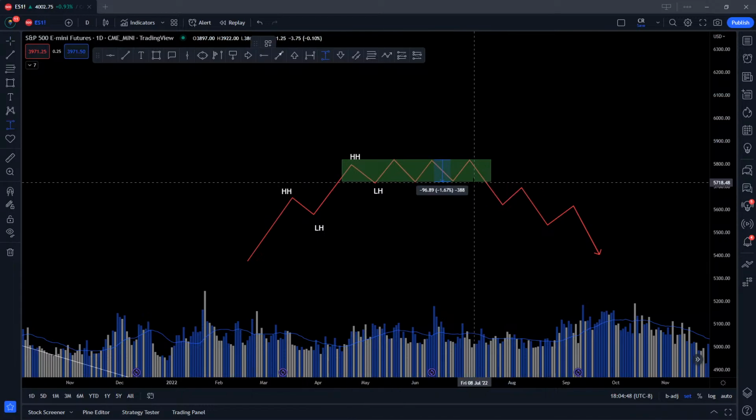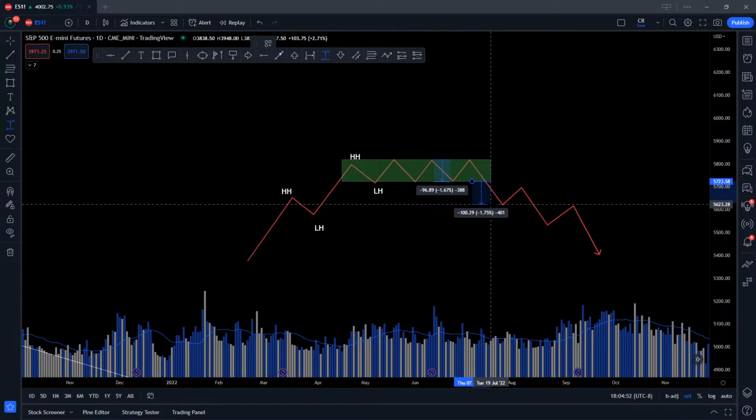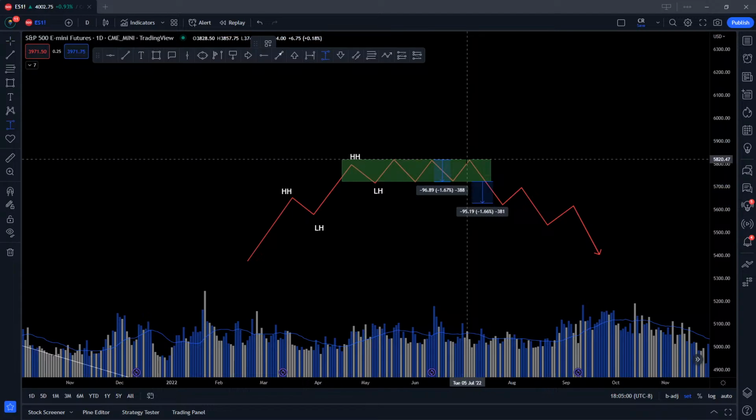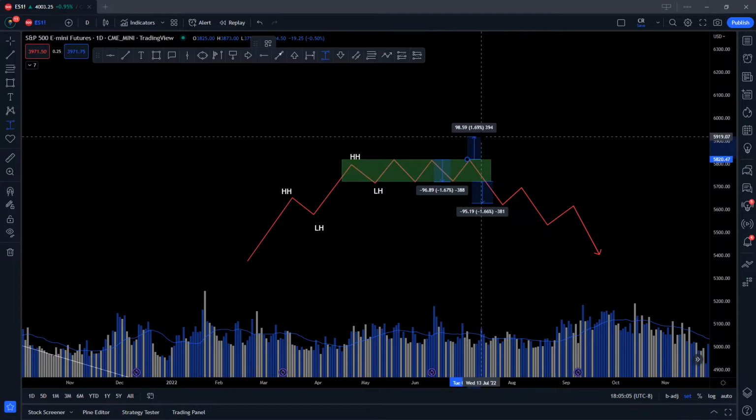And then you would measure down when you break the box. And you would also measure to the upside just in case you break to the upside. It's impossible to get these perfect, but that's going to have to be good enough.